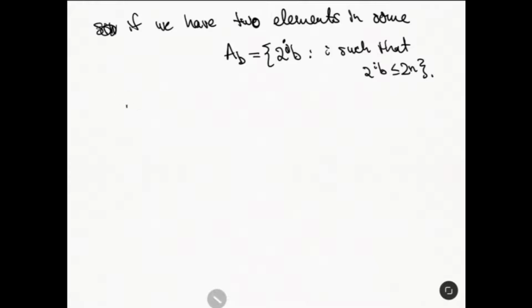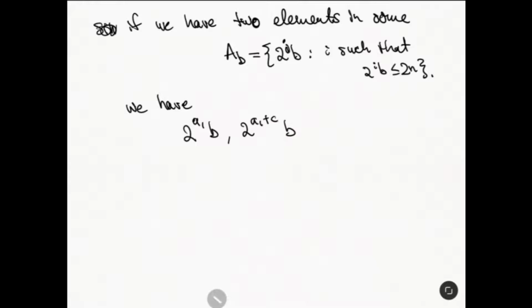So we have, let's say, 2 to the A1B and 2 to the A1 plus, I don't know, something, CB.